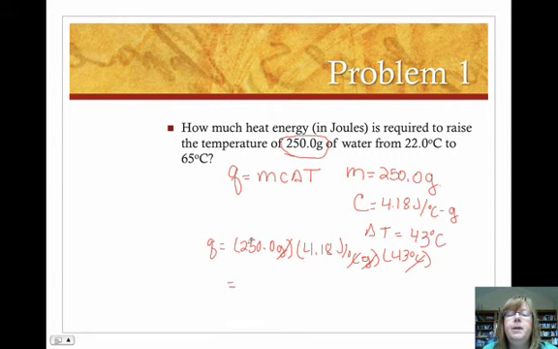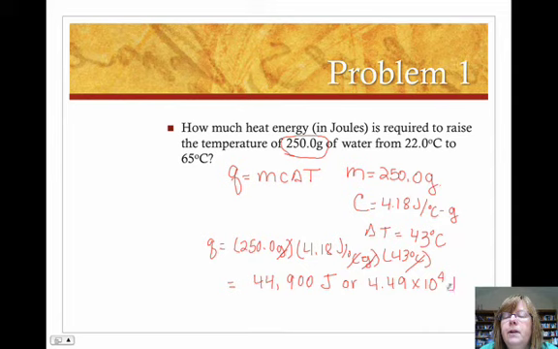So when we multiply 250 times 4.18 times 43, let's see, our answer is 44,900 joules. Now sometimes in multiple choice they'll leave it like this, or sometimes they'll put it in scientific notation. And that would be 4.49 times 10 to the 4th joules.